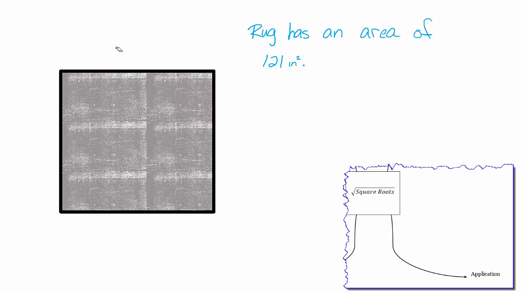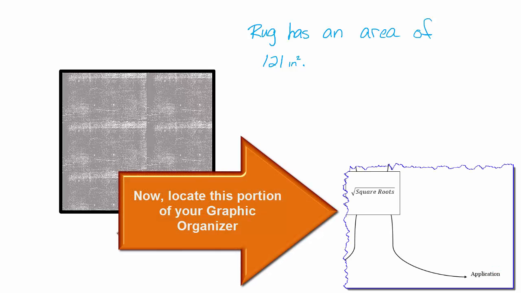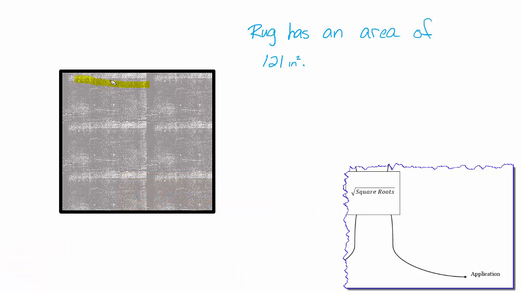So if I told you that this rug has an area of 121 square inches. So essentially what we're saying is all of the space inside the rug is 121 square inches. But I need to find the length of one side. So maybe I need to know if this rug is going to fit in the space that I've got reserved for it, and I need to know what size rug to purchase.